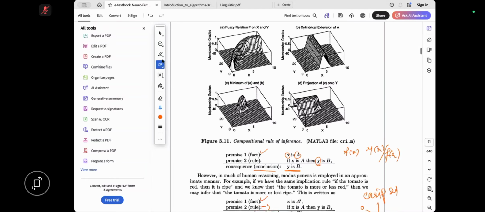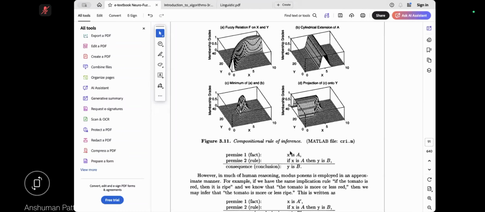Let's take this example over here, which shows how we analyze things. The fact given as input is X belongs to A, but the rule says if X is A, then Y is B. Input goes to the rule, then you get the output.